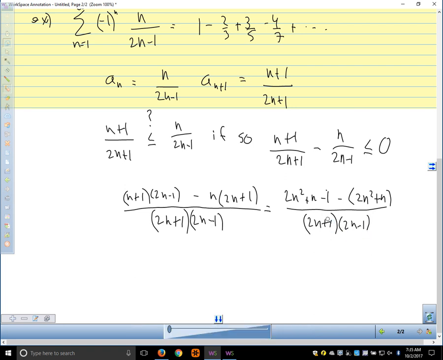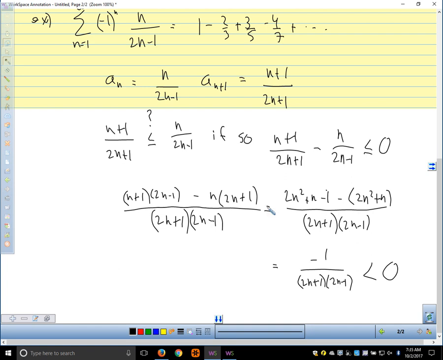And here I get 2n squared minus 2n squared, n minus n. I'm just left with negative 1. And for n greater than or equal to 1, this denominator is always going to be positive. So this is less than 0. So that's how we would show that this sequence is decreasing.